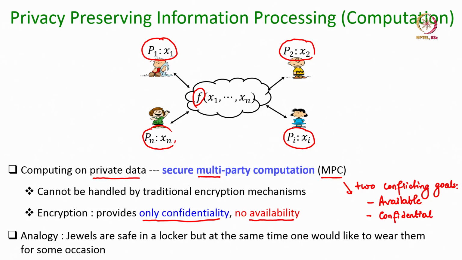An analogy we can consider here is that of jewels and a locker. If you imagine that your sensitive data is precious jewels which you do not want to be stolen, then you can preserve them by locking them in a locker, but at the same time you would like to wear them for some occasions.